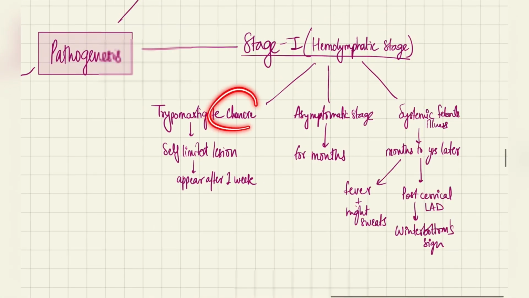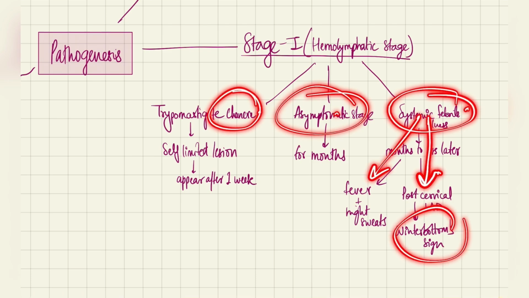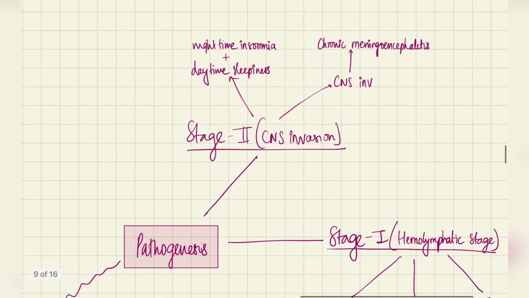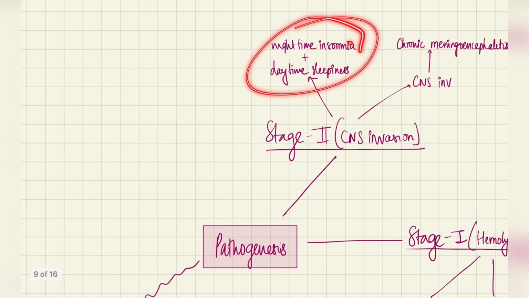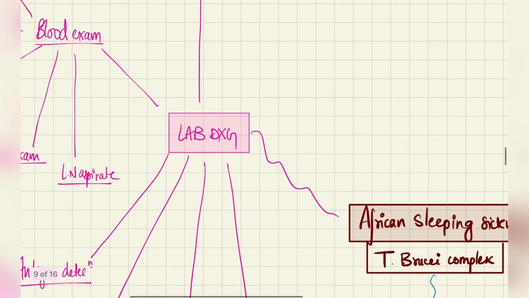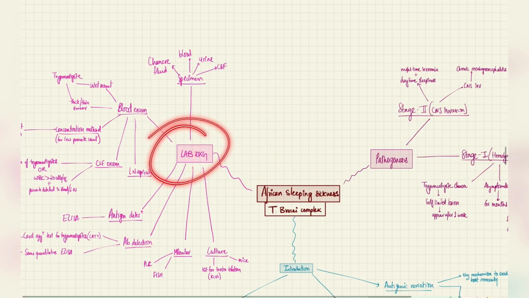The hemolymphatic stage showed trypomastigote chancre, asymptomatic stage, and then systemic febrile illness with fever, night sweats, and posterior cervical lymphadenopathy, Winterbottom sign. In CNS invasion, we saw chronic meningoencephalitis, daytime sleepiness, and nighttime insomnia. Finally, we discussed the lab diagnosis, how you detect the organism.